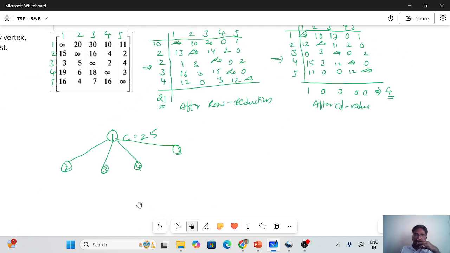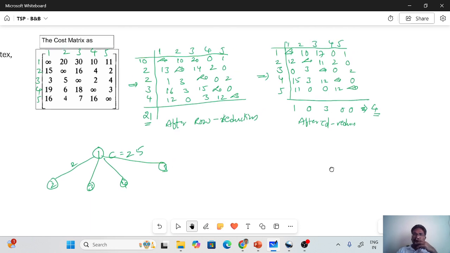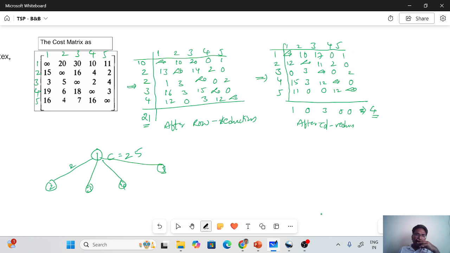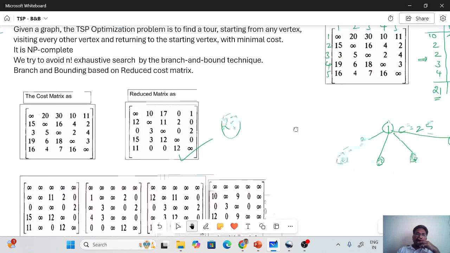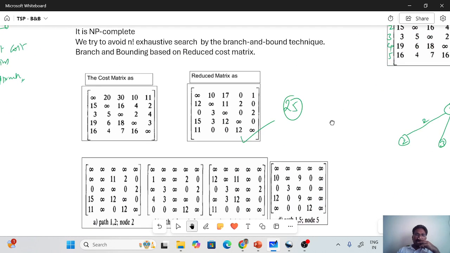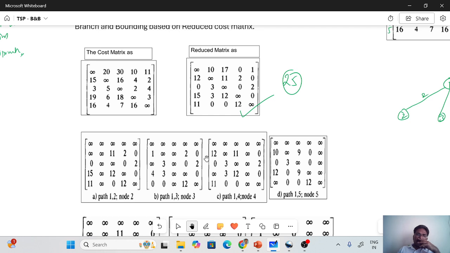Now I am going to consider node 2. So that means, from this reduced matrix after row and column reduction, what is this path? 1, 2, nothing but the corresponding row and corresponding column. 1 is the row and 2 is the column.